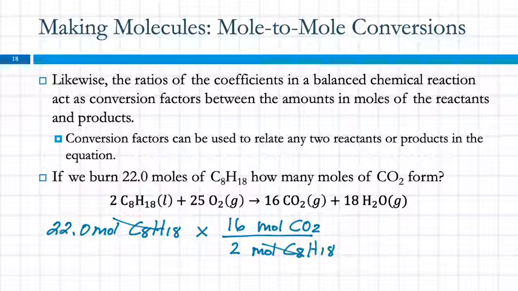I could simplify that to 8, but I don't see the point, because sometimes when we do mental math, we screw it up, right? Just take 22 times 16 divided by 2. 176 moles of CO2. And we should have 3 sig figs, so there we go.